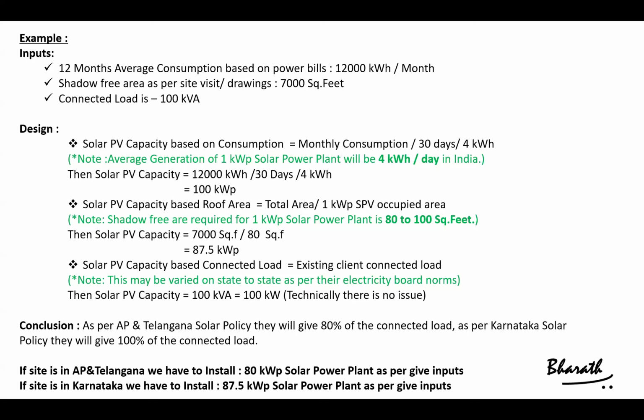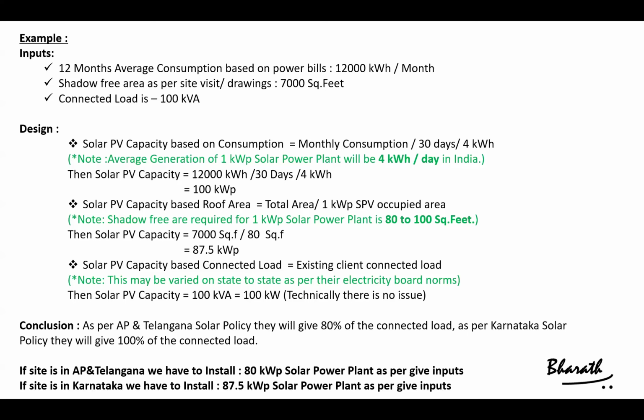To calculate the system size, first we have to design based on their consumption. So the first factor is PV capacity based on consumption: monthly average units divided by 30 days divided by 4. Why? Monthly average units, 12,000 units, divided by 30 days means daily 400 units.